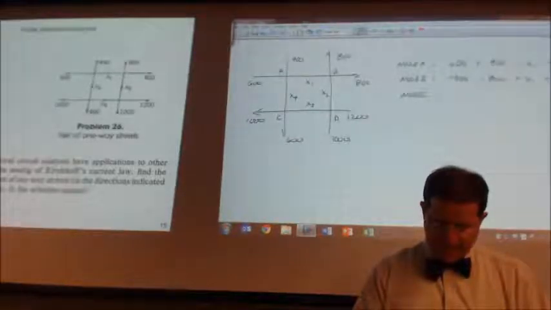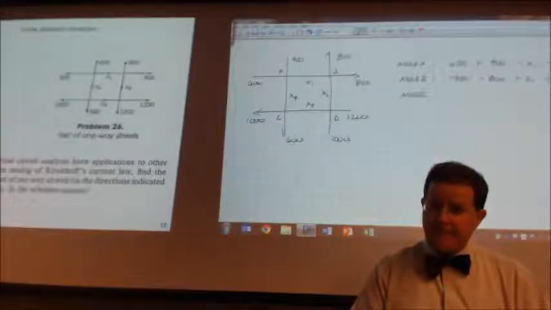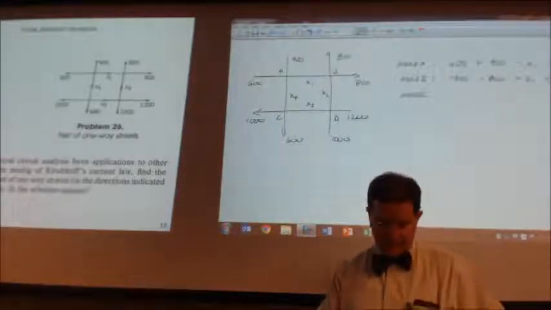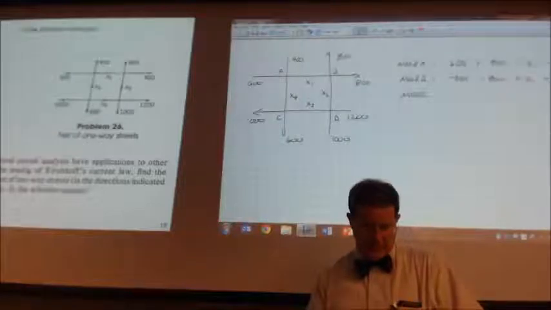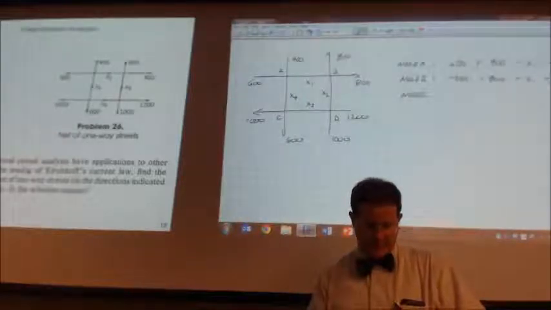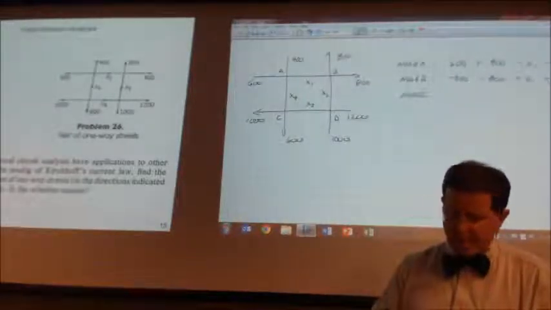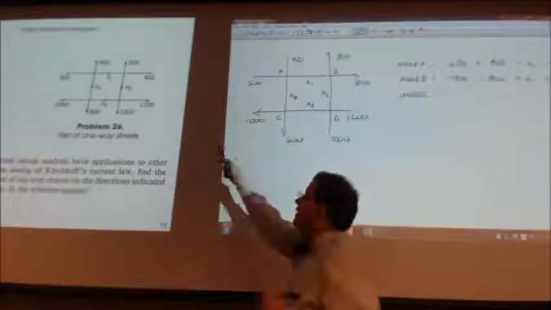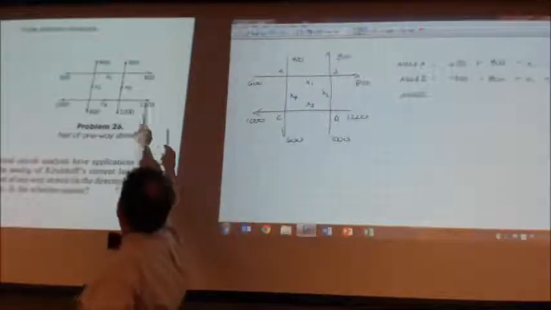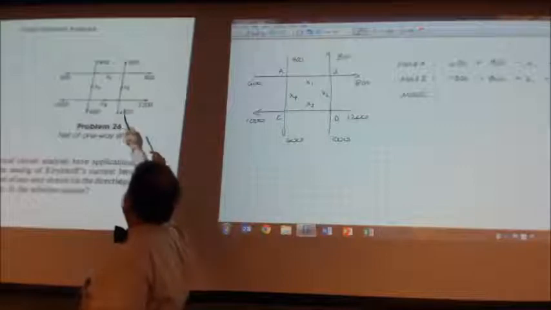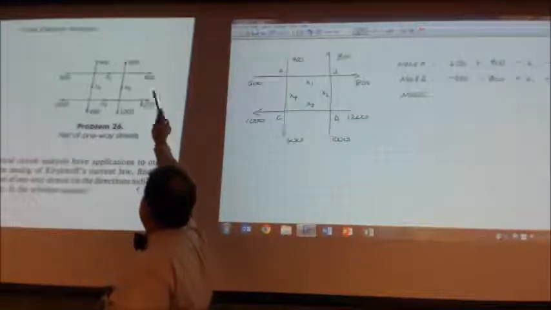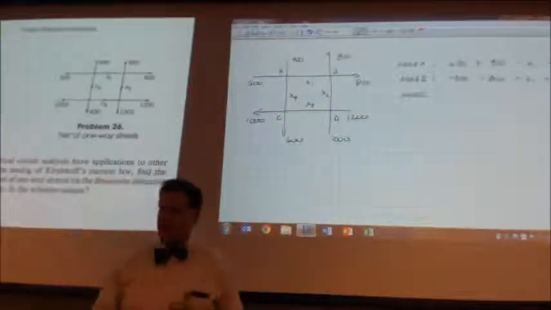x4 plus... wait a minute. B is 800 and 1,000. B's the top right. Yeah. So we've got the 800 to the right and 800 up. So there's 800 coming out of... okay.